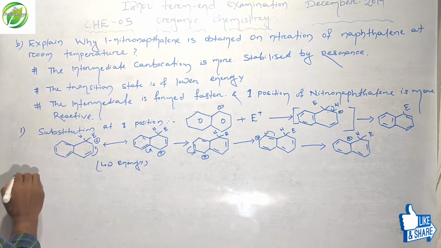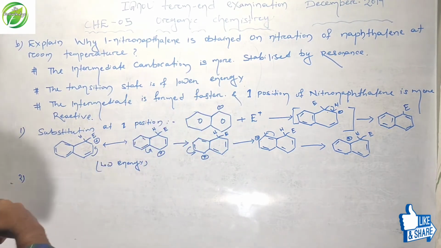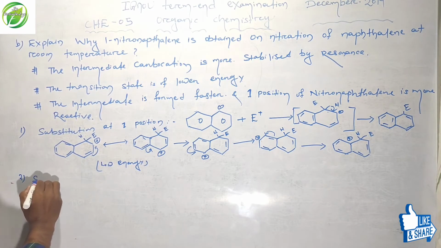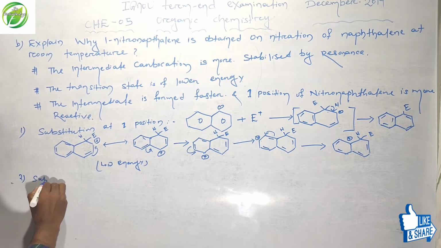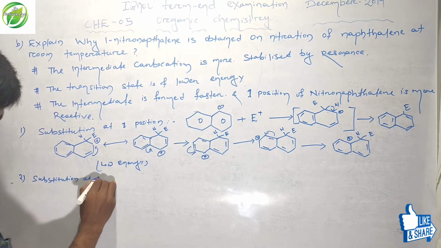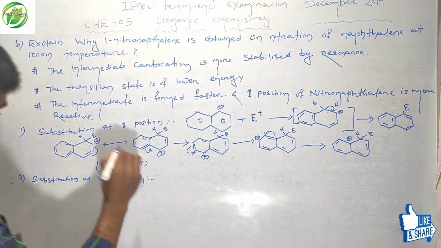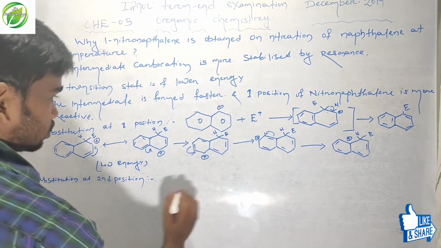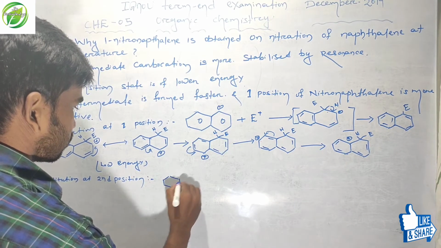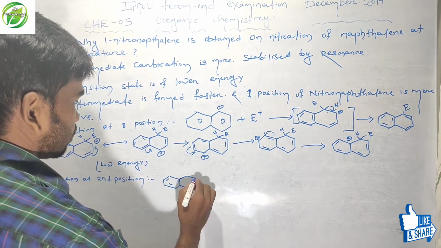But in the case of the second position, when the electrophile attacks the second position, substitution at the second position, this is the structure of naphthalene.